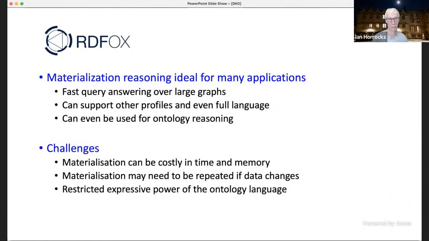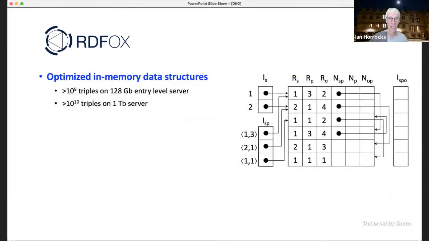So it has a lot of good features, as I've just been saying. The challenges are that materialization can be costly in time and memory. I might need to repeat it if the data changes, and the expressive power of the ontology language is still a bit restricted. So we developed RDFox with a view to try to address some of those features.